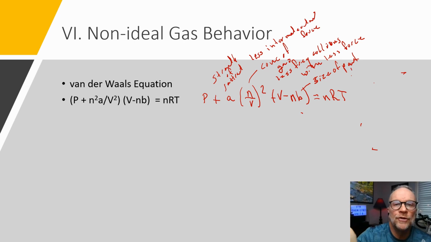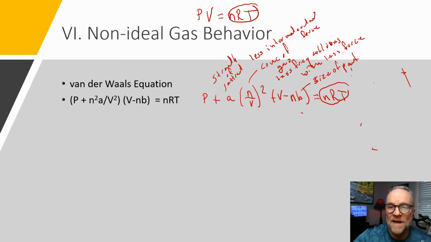One of the things that you should realize is that it relates to the original ideal gas law equation, PV equals nRT. Notice here that the second part of the formulas for both are the same, but there is a correction for pressure and there's a correction for volume here.